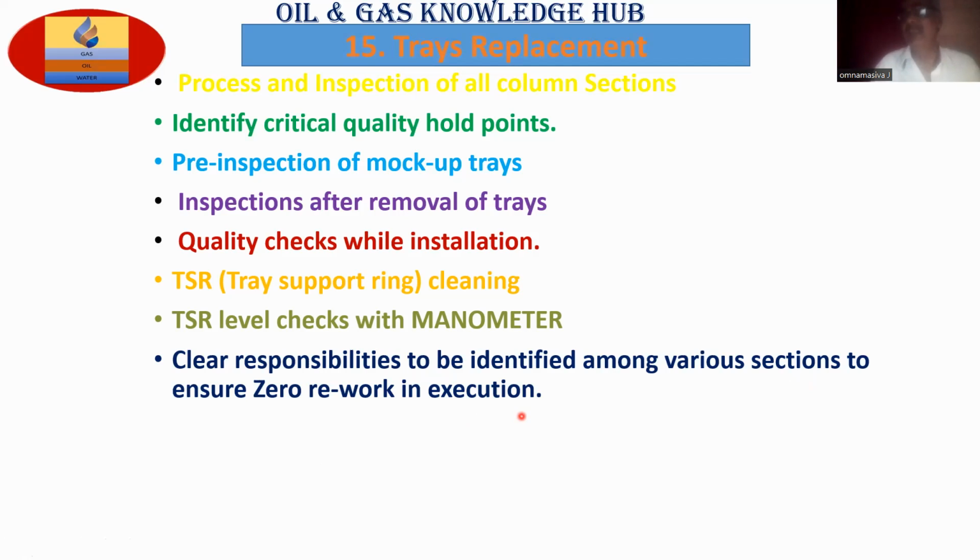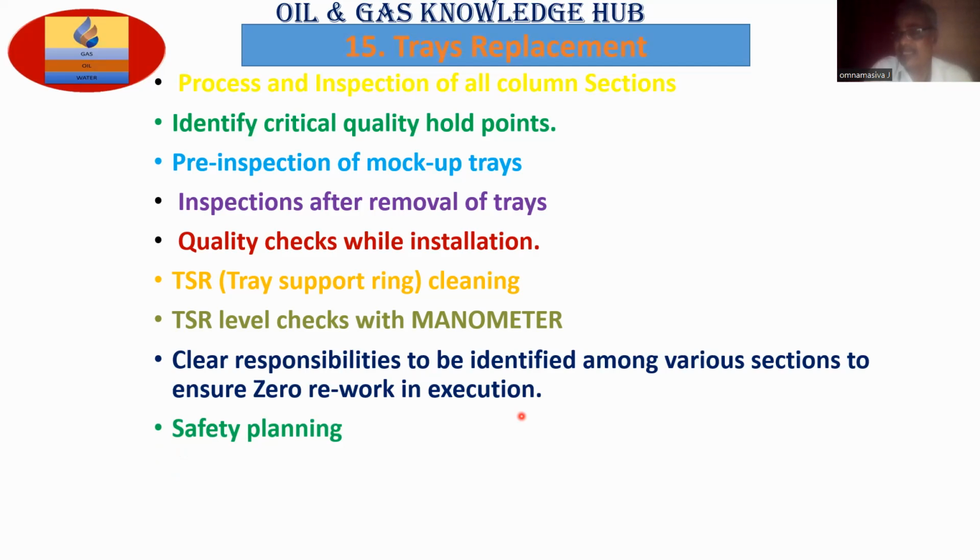If you forget something, tightening or some fasteners inside, and you come up to the next level, that means you are closing the first level and going to the next level. So again you have to go back, it is a rework. So to prevent the rework, checkpoints are most important. Write down the checkpoints, or as per the SOPs you have to check, or you have to make your own checkpoints. Okay.